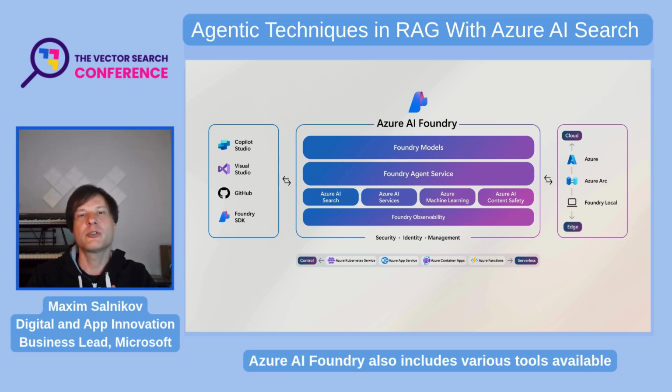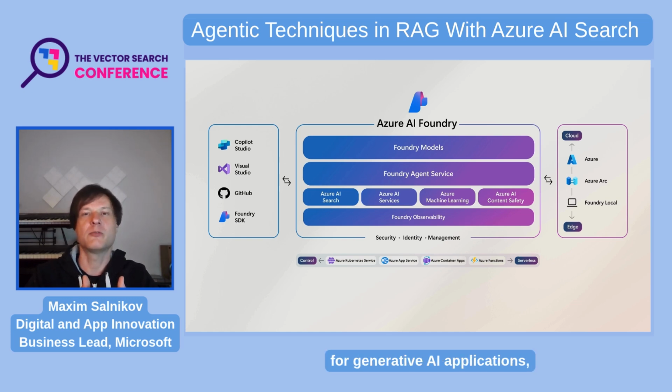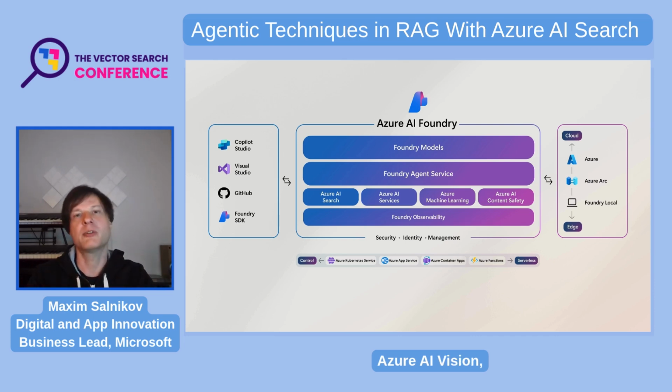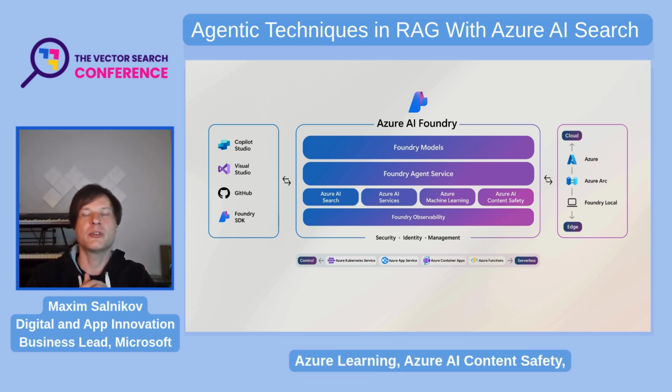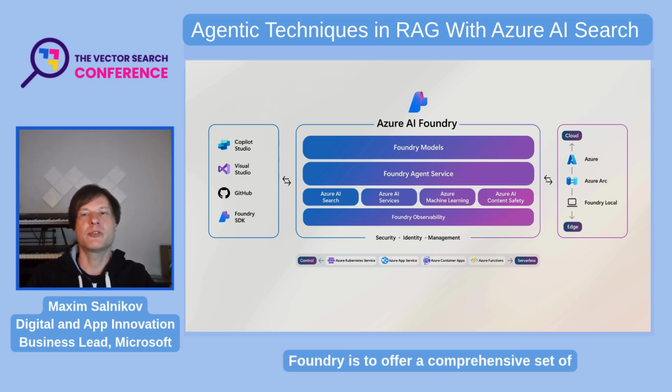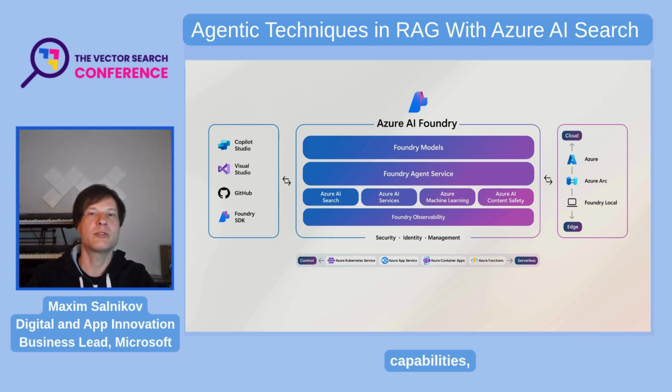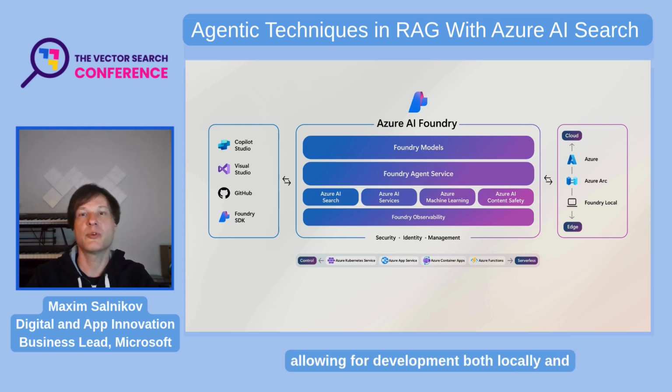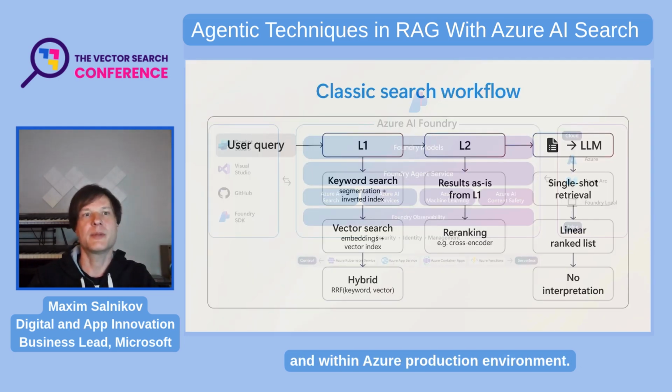AI Foundry also includes various tools available for generative AI applications like Azure AI Search that we are talking about, Azure AI Vision, Machine Learning, Azure AI Content Safety, and Document Intelligence. And the overall goal of Azure AI Foundry is to offer a comprehensive set of capabilities, allowing for development both locally and within Azure production environment.